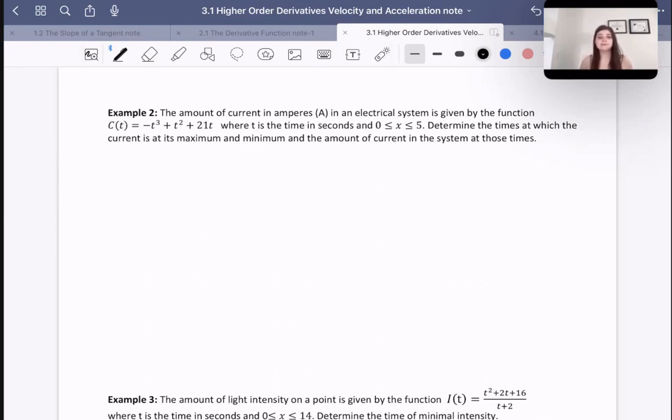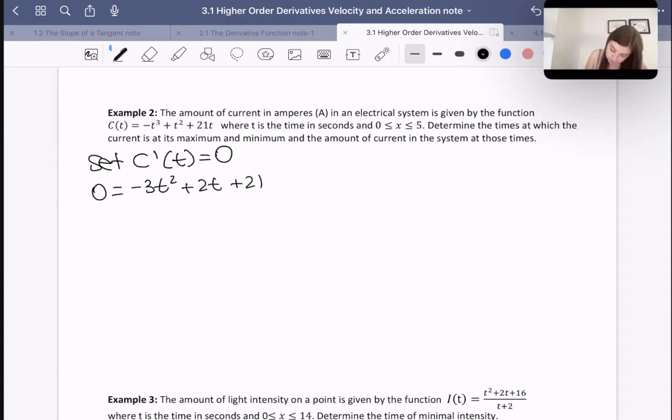Okay, so first thing we're going to do is figure out what our minimums and maximums are. To do that, we need to set the derivative to 0, right? Because setting the derivative to 0 gives us our extreme values. So let's do that. 0 equals negative 3t squared plus 2t plus 21.